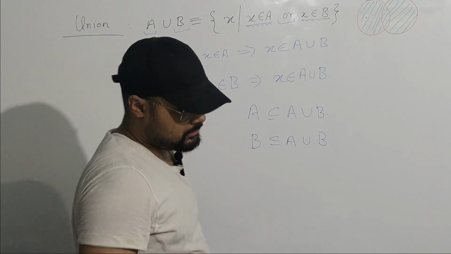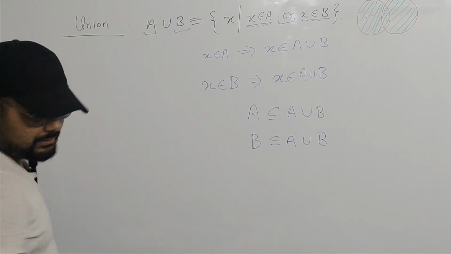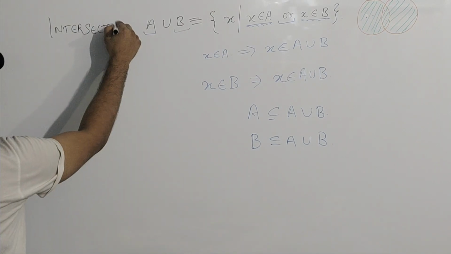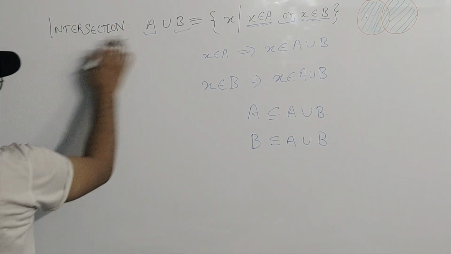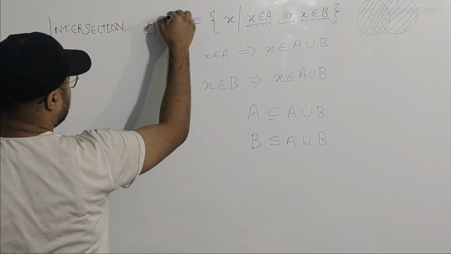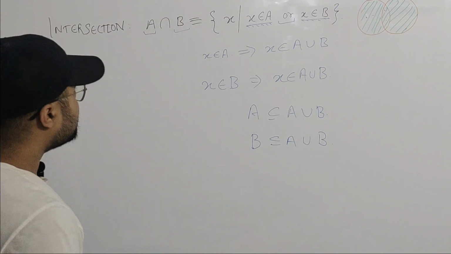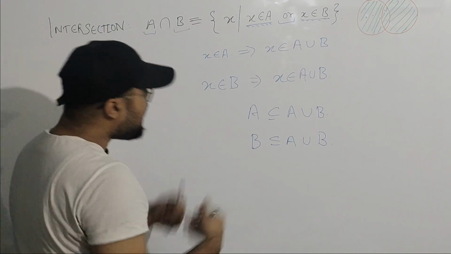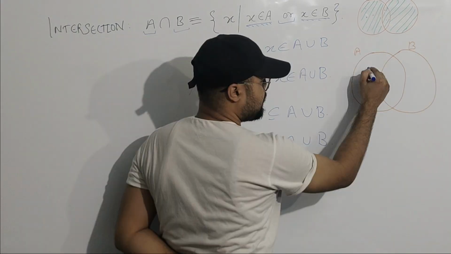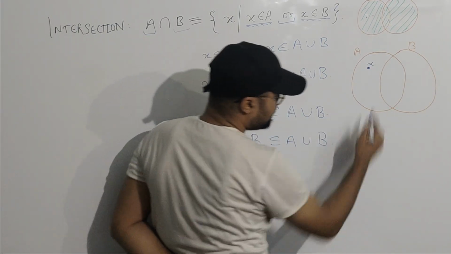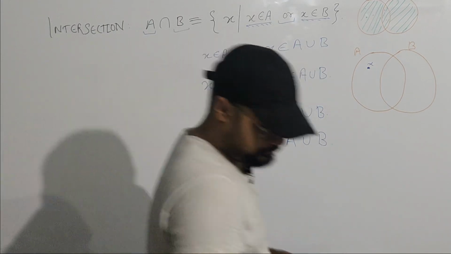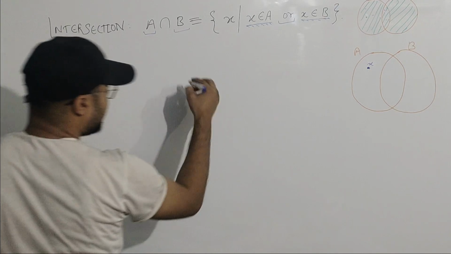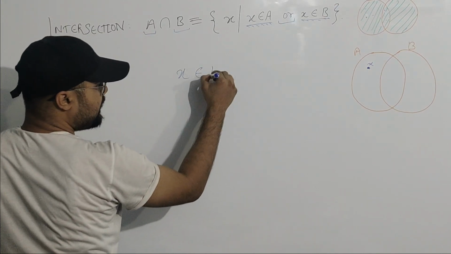Now let's look at intersection. The intersection of two sets, which is A intersection B. This is X such that X belongs to A and it also has to belong to B. Let's say this is X. Does it belong to A?